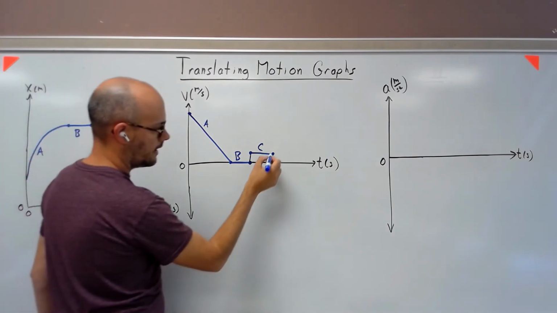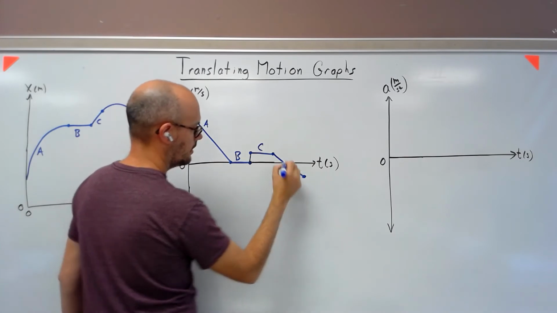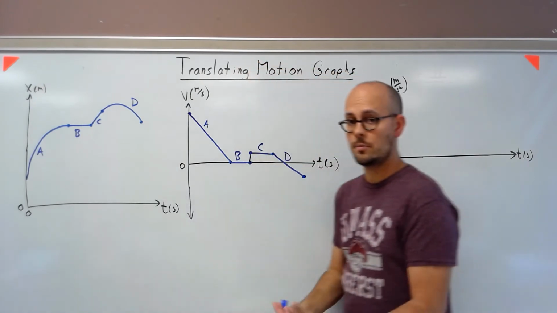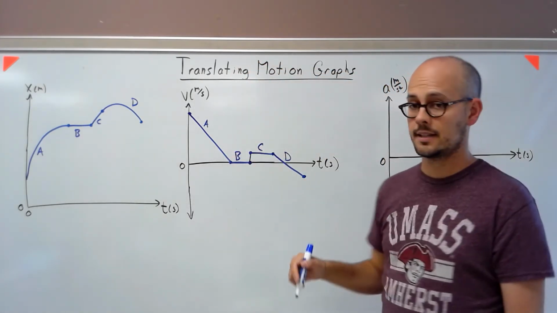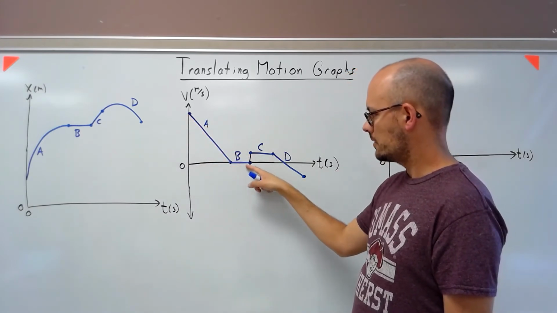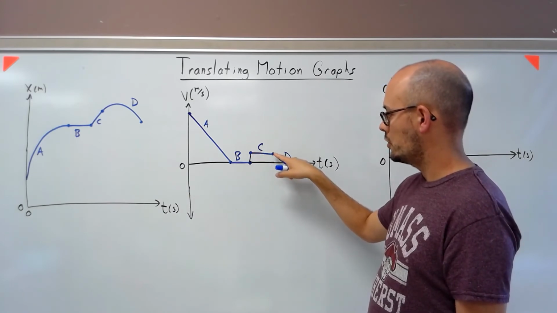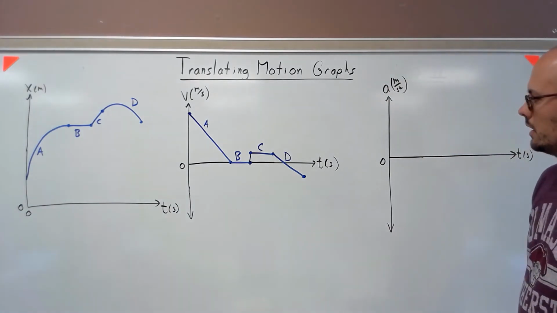And so my graph has to cross the x-axis and end up in the negative segment. Now, if I actually gave you numbers, you would have a more clearly defined shape to this graph, but this gets the general idea. Decelerates down to 0, sits there for a segment, jumps up to a positive velocity, and then reverses direction gradually, and that's our graph.